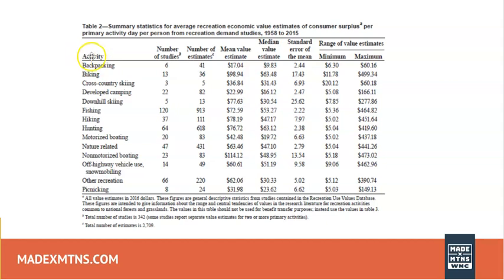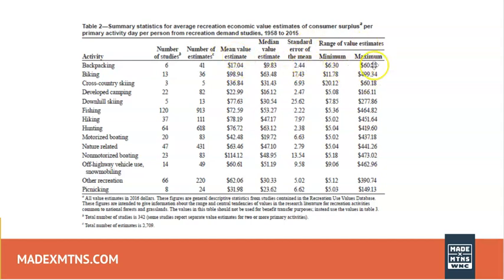And so you see in this first column, we've got a number of outdoor recreation activities. The next column tells us the number of studies, the number of estimates, the mean or the average value of those estimates, then the median, which is the number for which 1/2 is above and 1/2 is below, and then the standard error of the mean, which is a measure of the statistical precision of the mean estimate.